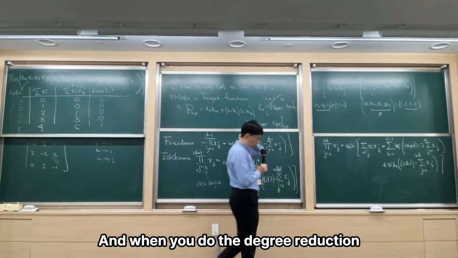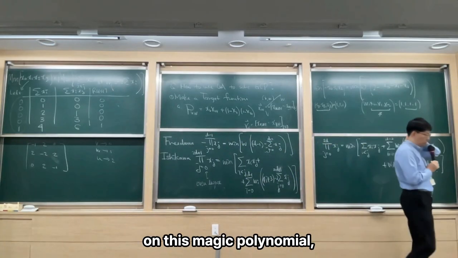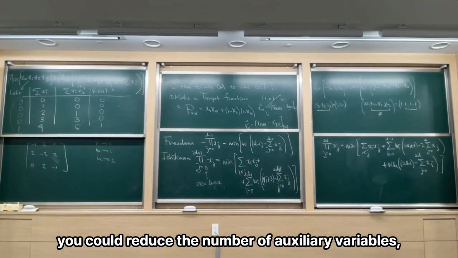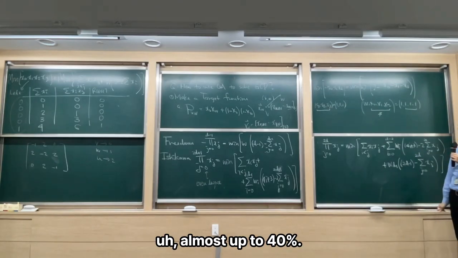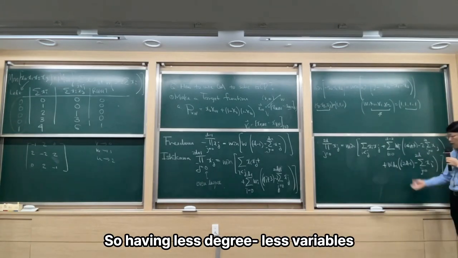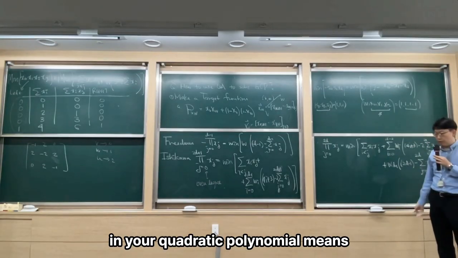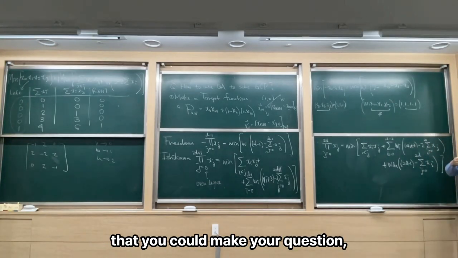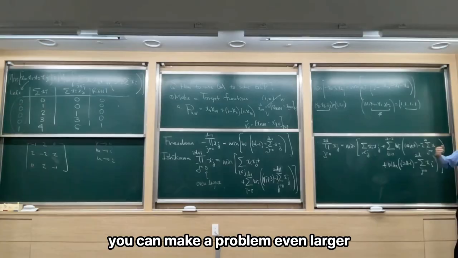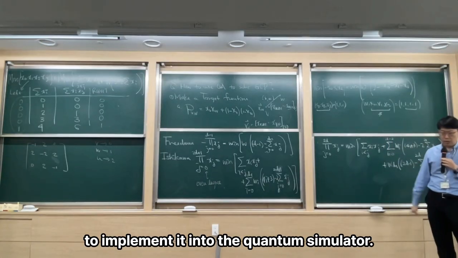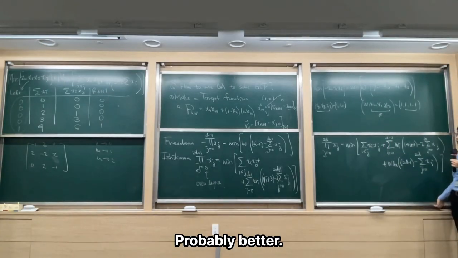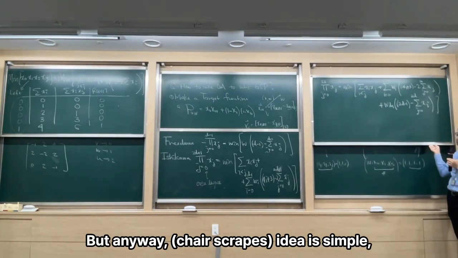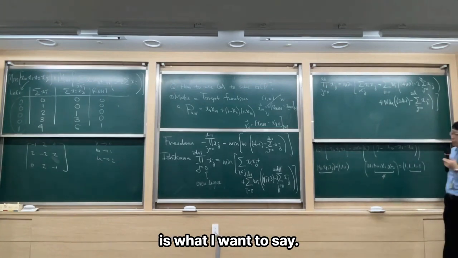And when you do the degree reduction on a symmetric polynomial, you could reduce the number of auxiliary variables by almost 40%. So having fewer variables in your quadratic polynomial means that you could make a problem even larger to implement on a quantum annealer, so it's probably better. Anyway, the idea is simple, that's what I want to say.